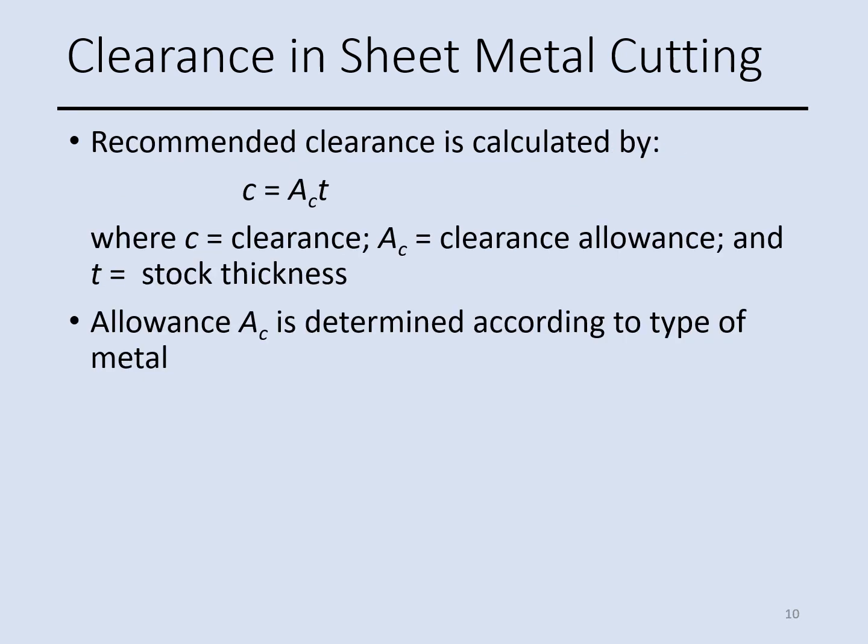There is a recommended clearance for the cutting operations, and that is called c, and it's a function of the clearance allowance and the stock thickness. And that allowance is determined based on the type of metal.